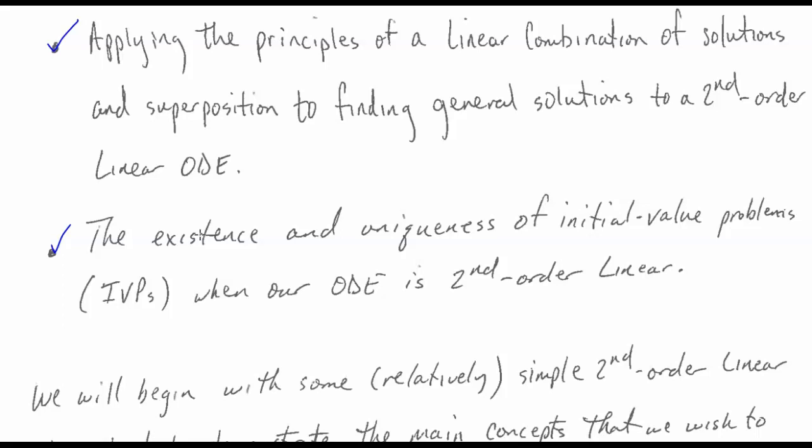We'll see what that actually looks like, but just know that the main name of the game when it comes to existence and uniqueness is, if I have a second order linear homogeneous equation with two initial conditions, once I find out what those constants are from those initial conditions, that's going to be a unique or a particular solution to that differential equation given those special initial conditions. If I have a different set of initial conditions for the same differential equation, I'm going to have a different answer. That's really what it all boils down to.